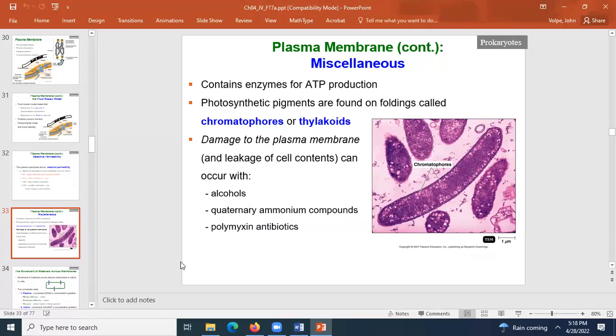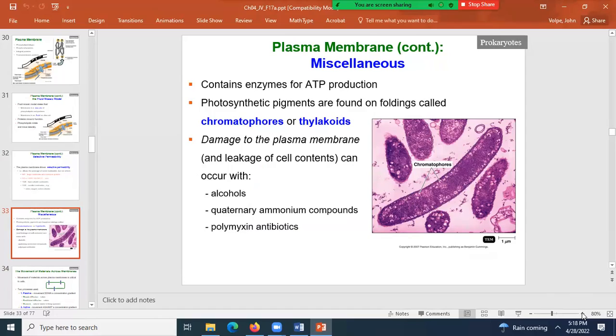It's in the inner mitochondrial membrane. So it's in a membrane, but it's inside the mitochondria. And then in prokaryotic cells, we also have the photosynthetic pigments, which are responsible for photosynthesis. And that's where we find the chromatophores or thylakoids.